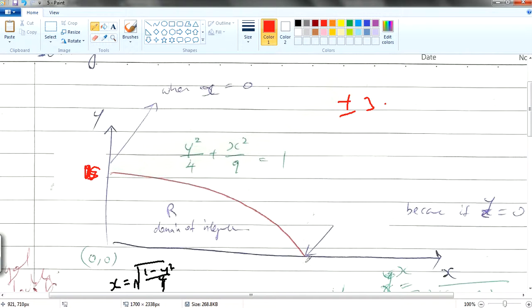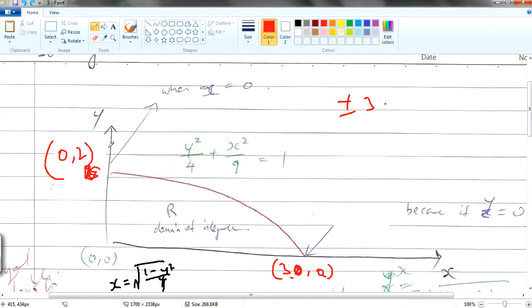So when y is 0, x is equal to 3, and when x is equal to 0, this one will be y squared equals plus minus 2, so y is equal to 2.